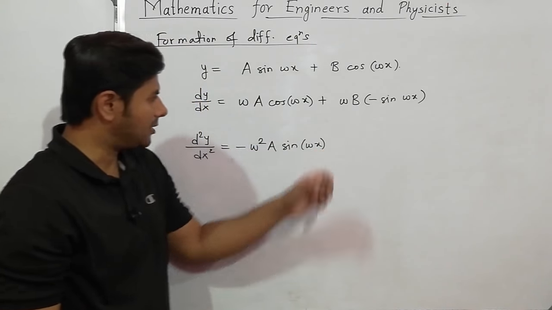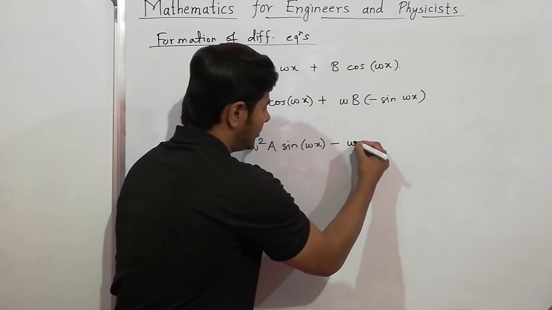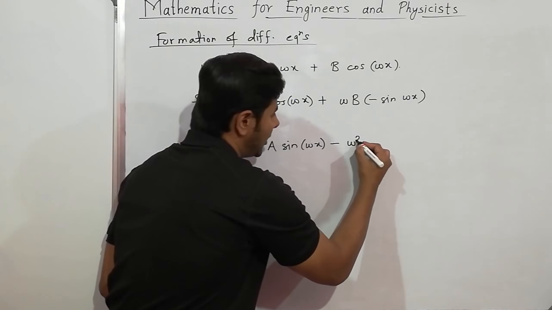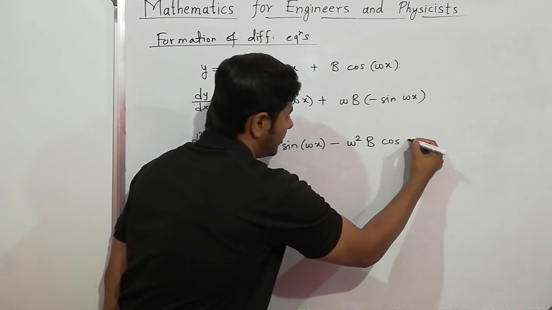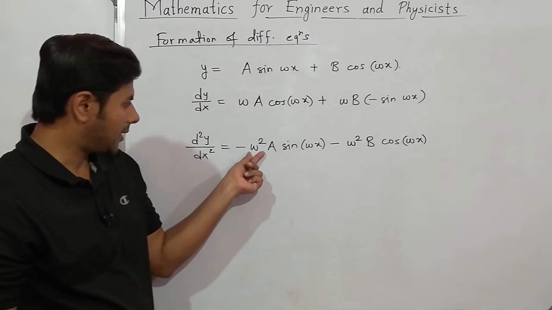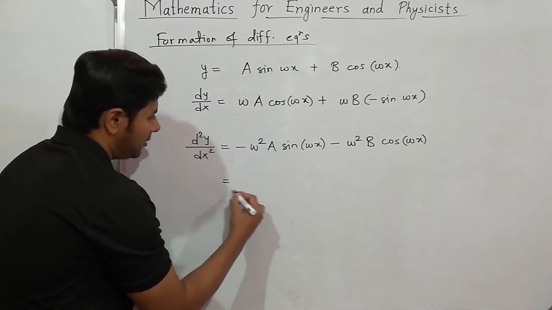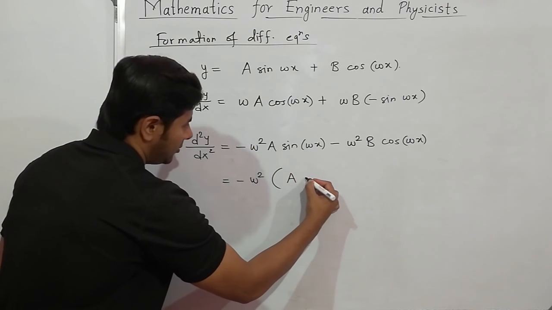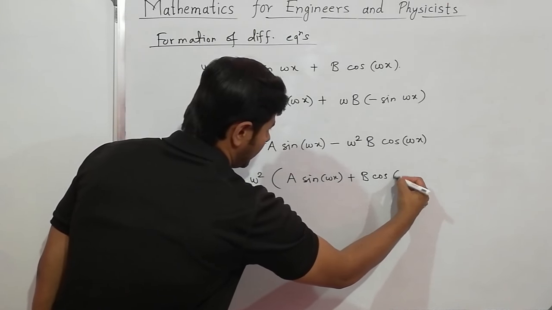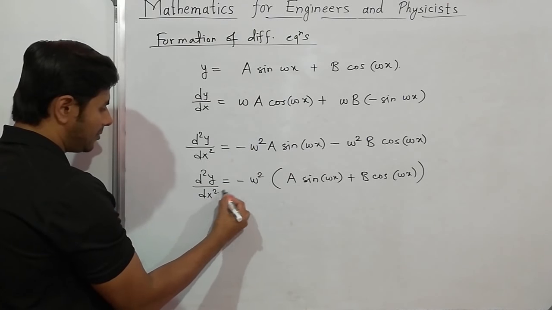And let's take this minus sign outside, so we get minus omega into b, and we'll get another omega from here, so it will be minus omega square b into cosine of omega x. Okay, now I can take minus omega square common from these two, so this is equal to minus omega square into a into sine of omega x plus b into cosine of omega x. So this is d2y by dx square.